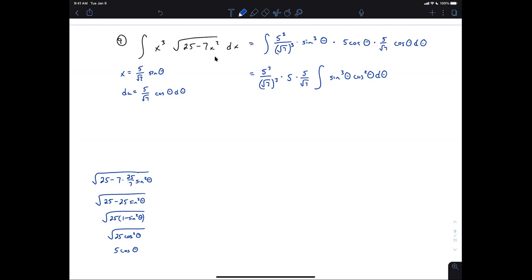Okay, so on the outside, that gets us 5 to the 5th on top, square root of 7 to the 4th on bottom. And then this is a u sub, it's powers of sine and cosine. One of them is odd, so we're going to let u equal the other one. du is cosine, so du is negative sine. So we split that up.